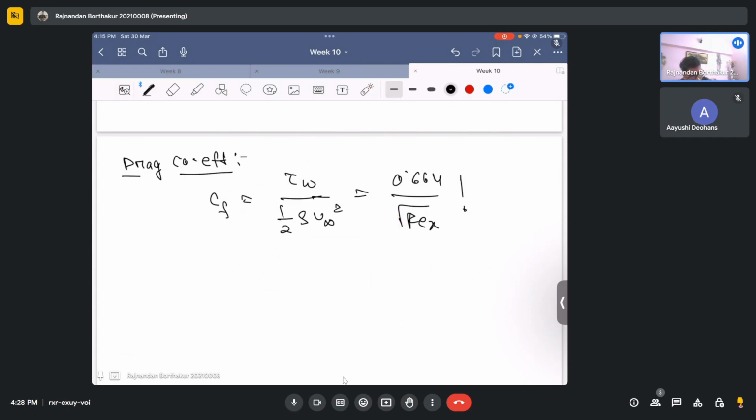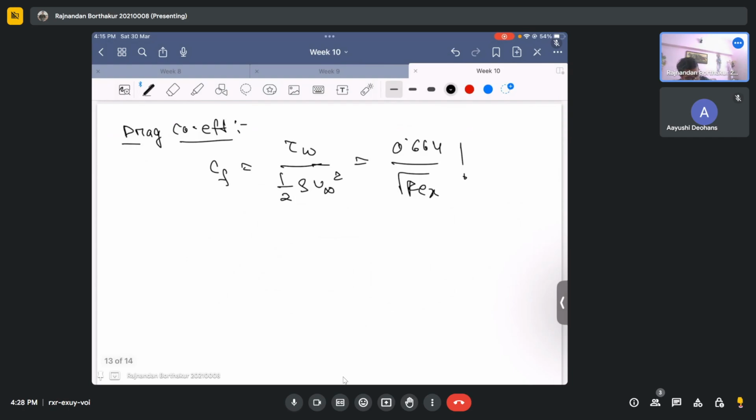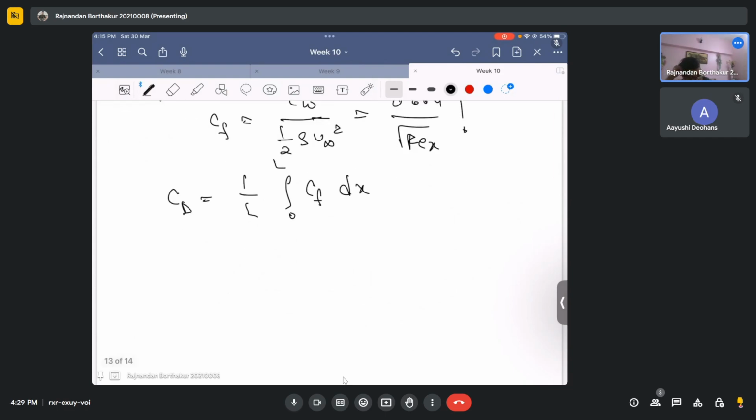Once this is known, the drag coefficient is related to this CF like this. You are averaging CF along the plate length, so it is 1 upon L integral 0 to L CF dx. This is the definition of the total drag coefficient, and you can show that this is nothing but 2 times CF at x equal to L. This is also one important result.